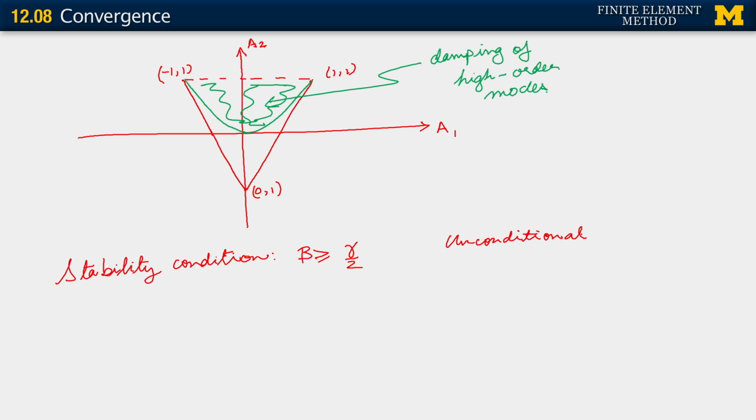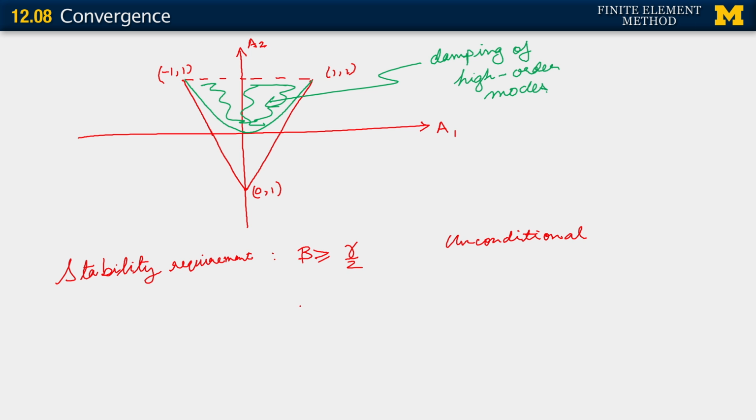It doesn't quite make sense to say stability condition and then say it's an unconditional stability condition, so let me say stability requirement here. All right, so this is the unconditional stability requirement.